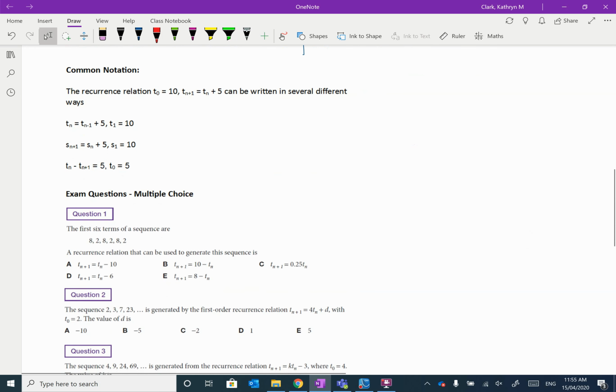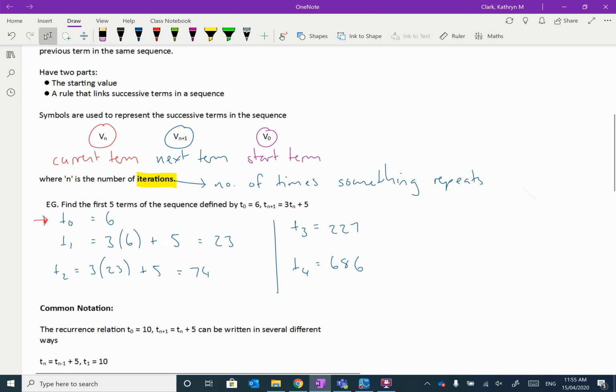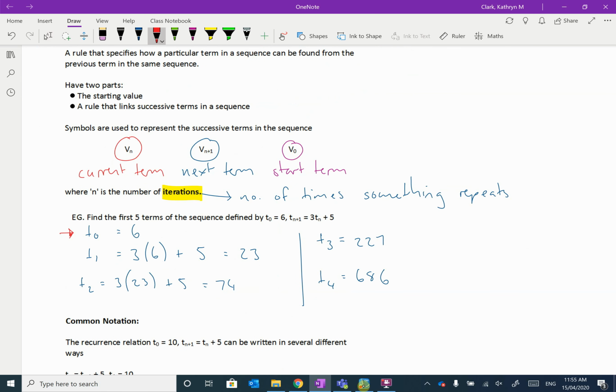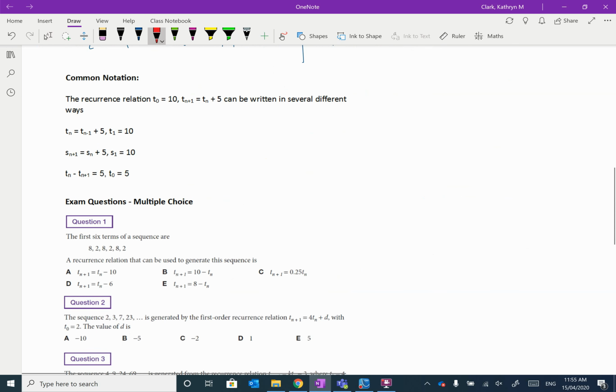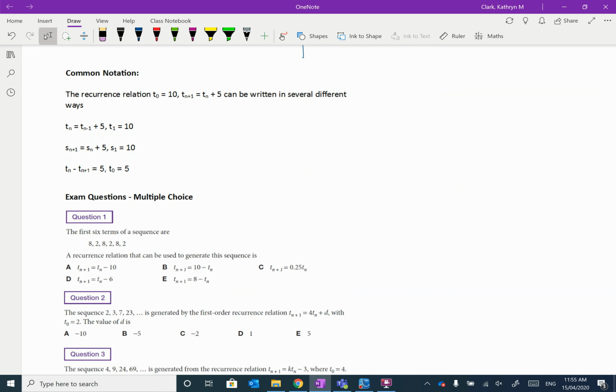Now, recurrence relations can be written in a whole bunch of different ways. They're not always just going to be Vn, Vn plus 1, and V0. The notation can change around. So in this example, we've got Tn and Tn minus 1. Tn is equal to our current term, and Tn minus 1 represents our previous term rather than the next term.